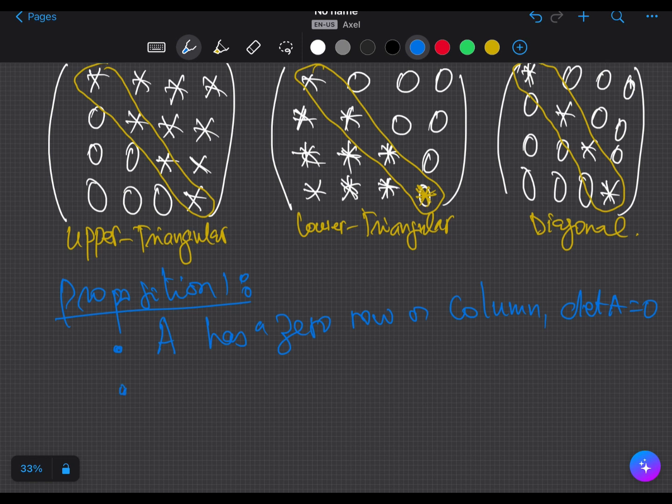Second, if A is an upper triangular or lower triangular matrix, then the determinant of A is the product of its diagonal entries.